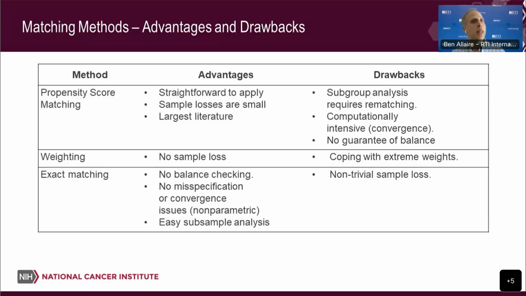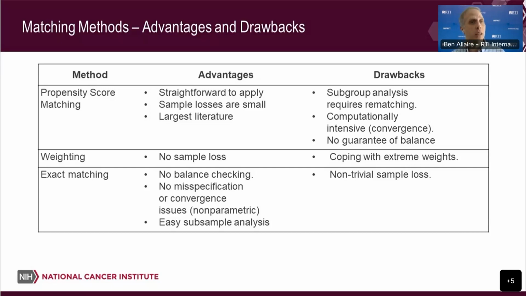That requires you to rematch at the cancer level. If you just match overall for all those cancers, you will not be able to conduct subgroup analyses and maintain that balance throughout. It can also be computationally intensive.